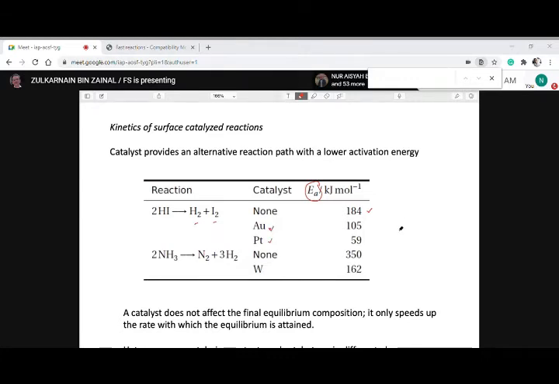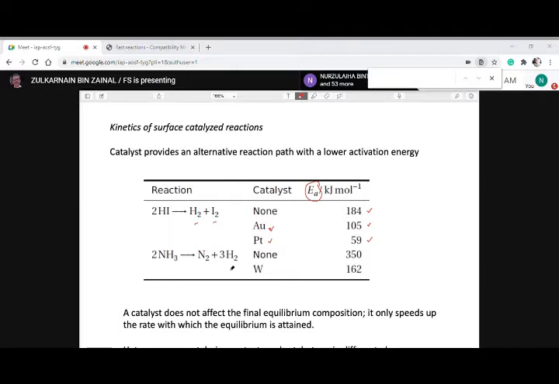These are called noble metals, gold and platinum, expensive metals. As you can see, the EA value can be reduced down to 105 and also 59, right? With this EA value, the reaction rate will be faster, and we can get the amount of product that we need in a fraction of the time compared to if we do it without a catalyst, right?